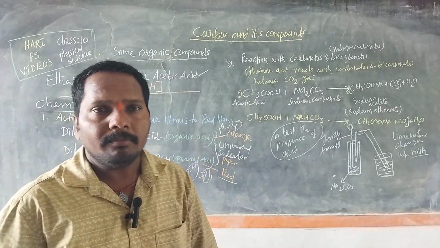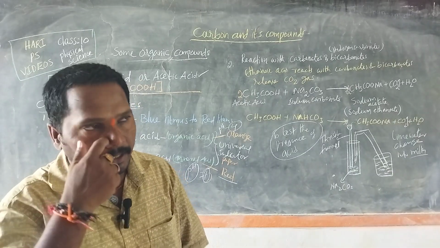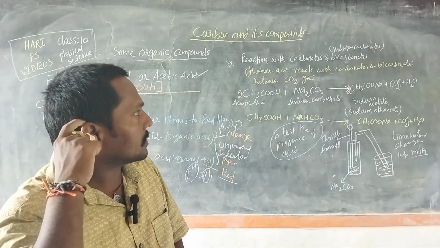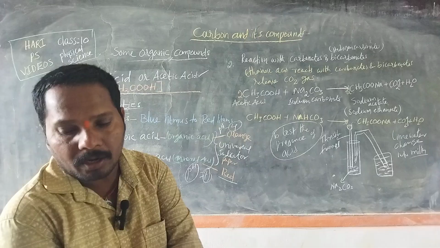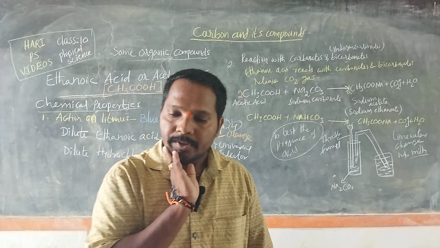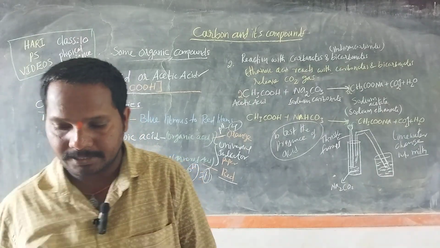So finally, when ethanoic acid reacts with carbonates and hydrogen carbonates, it liberates carbon dioxide. This reaction is used to test for ethanoic acid or acetic acid.